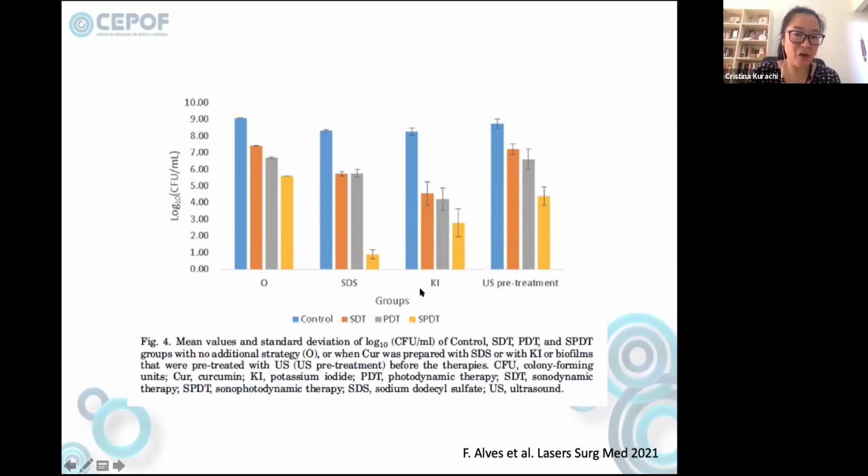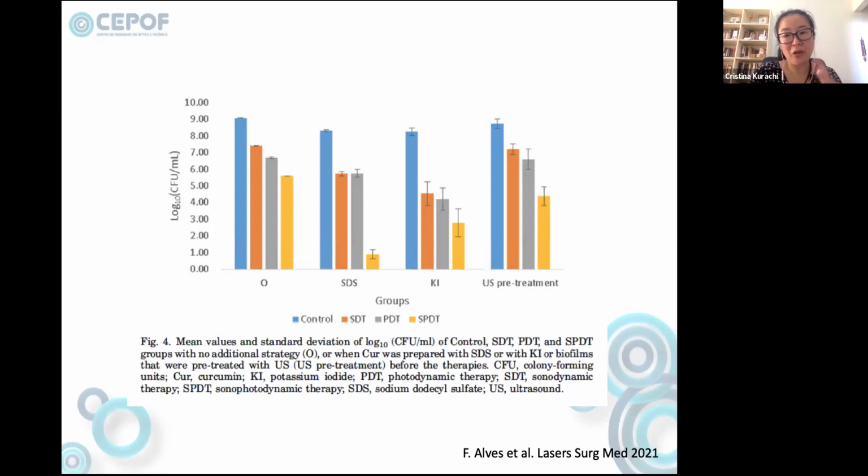In this case, we also added some salt. Dr. Hamblin has reported an improvement from just adding salt, which is a very nice and simple way to improve the PDT response. Always when we combine ultrasound with PDT, we get the highest level of inactivation. So those are very nice results that we can achieve in biofilm.